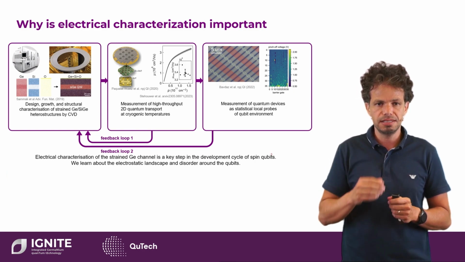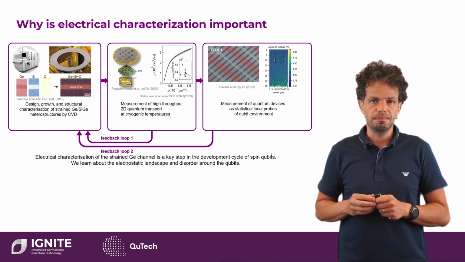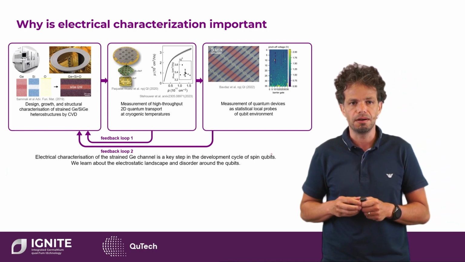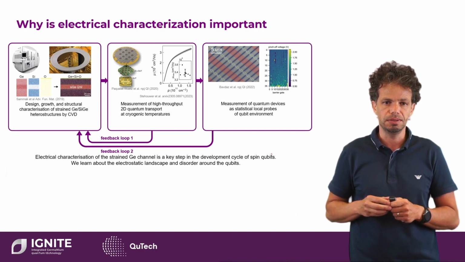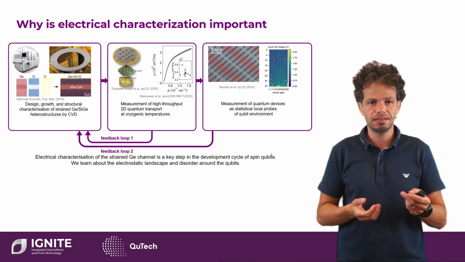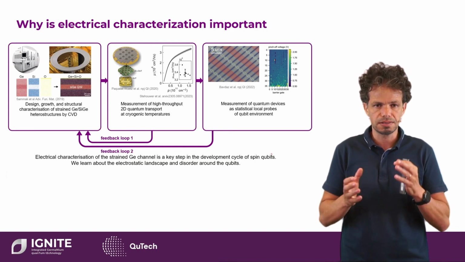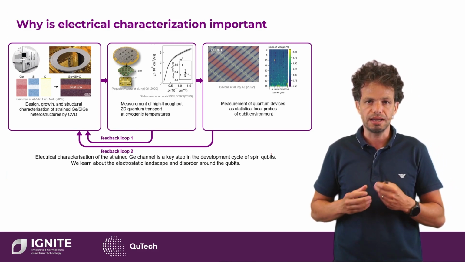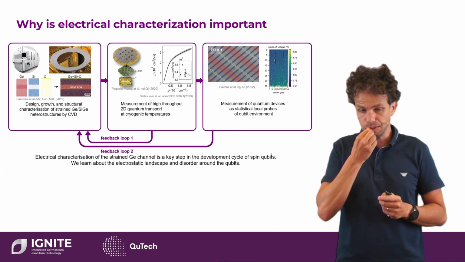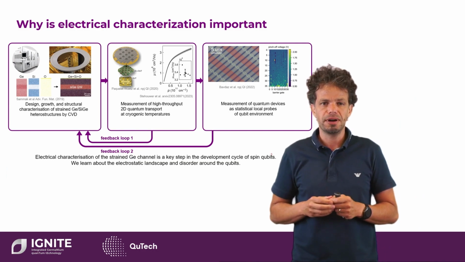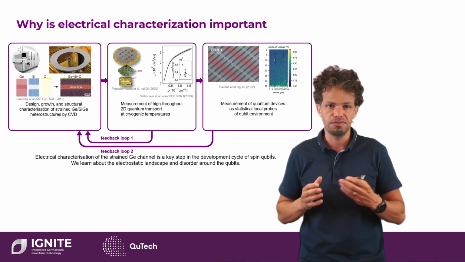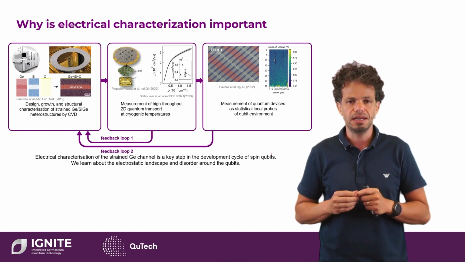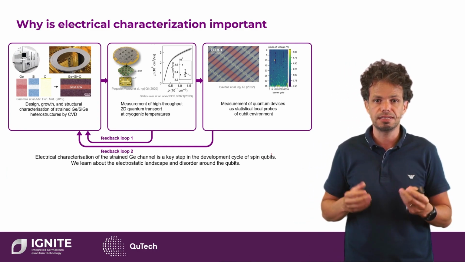And you see in these images an electron microscope image of a strained germanium quantum well that we grow routinely in our labs here at TU Delft. Once we make the material and look at its structural properties, the second step is to electrically characterize it. To do so, we fabricate devices on a 4-inch wafer, and we fabricate many of them because we are interested in electrical properties in a statistical way.